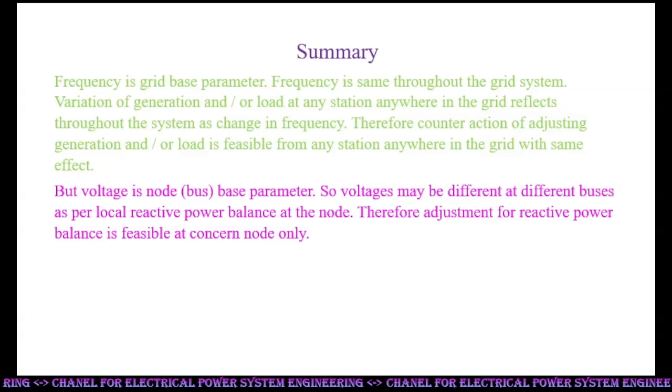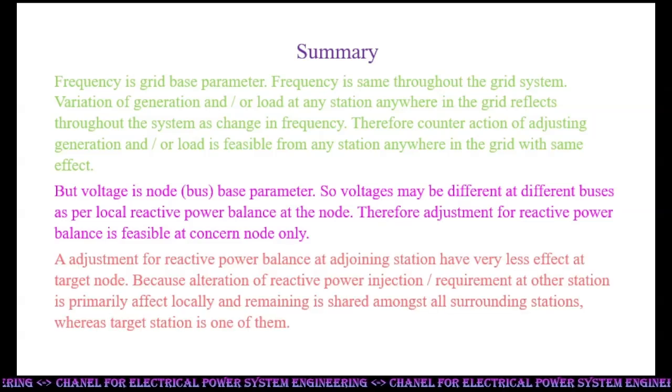But voltage is a node, or bus, based parameter. So voltages may be different at different buses as per the local reactive power balance at the node. Therefore, adjustment for reactive power balance is feasible at the concerned node only.